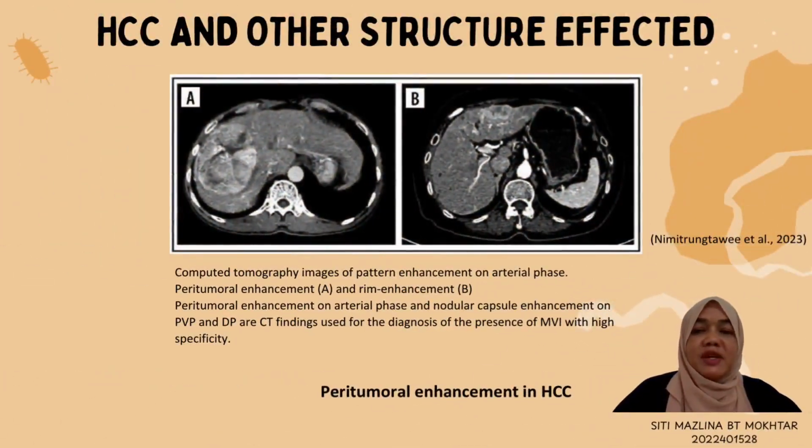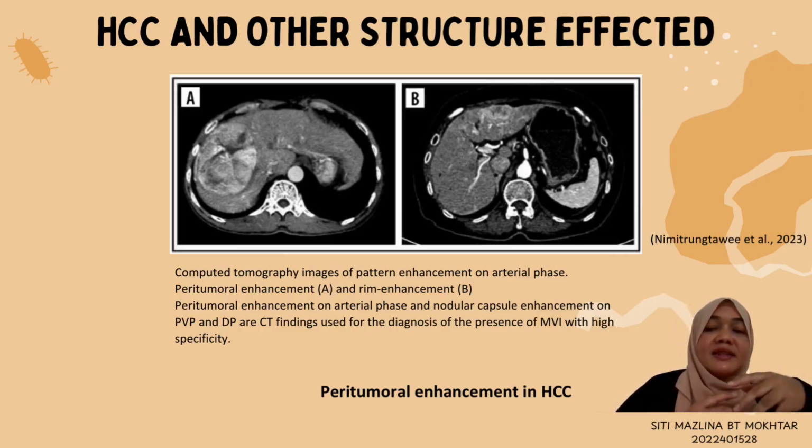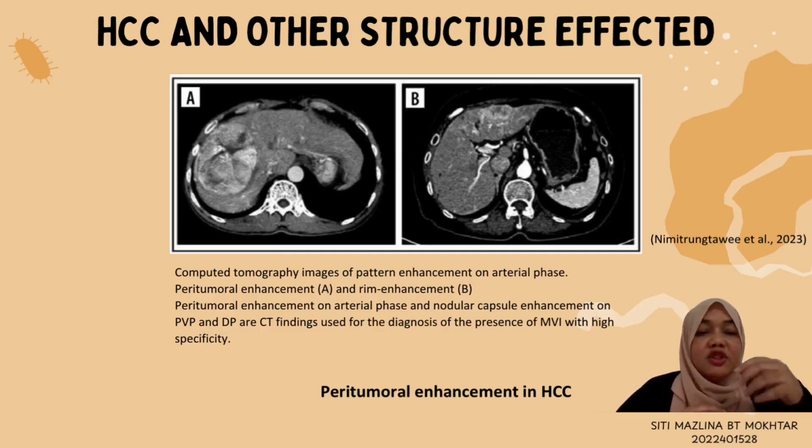Okay, these two images show hepatocellular carcinoma with peritumoral enhancement. In image A, we can see the area around the tumor becoming brighter during the arterial phase. This happens because the tumor increases the blood supply around it. This pattern is often seen in HCC and helps radiologists identify the tumor more clearly.